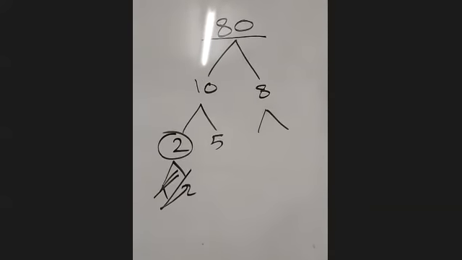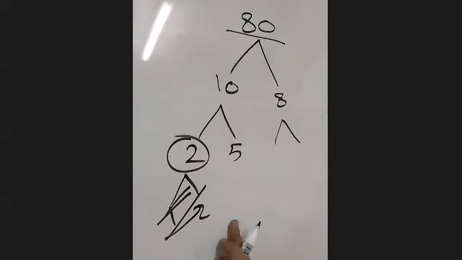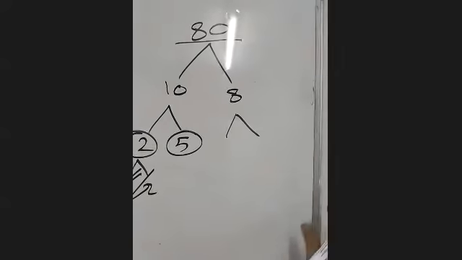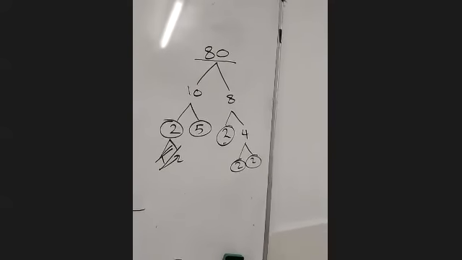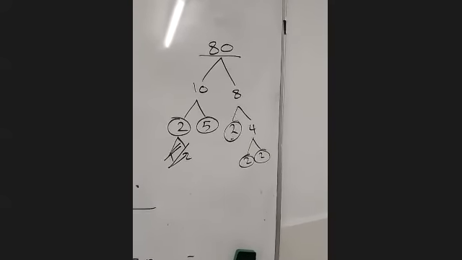How about the 5? No, stop. Circle. How about the 8? 2 and 4. How about the 2? Nothing. The 4? 2 and 2. This is what we call the three-way. Okay. Done? Yes. Good.